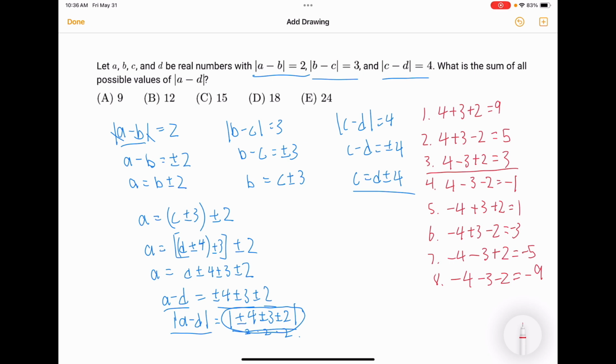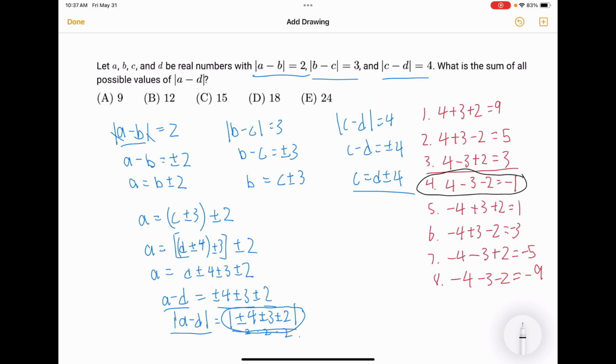So that means that these are all of the different values that we got for the absolute value of a minus d, but not all of them are possible, because if the result can only be positive, then number 4 is not okay, because that gives us negative 1. And that is a negative number, and we can only get positive numbers here because of the absolute value. So that means that 4 is out.